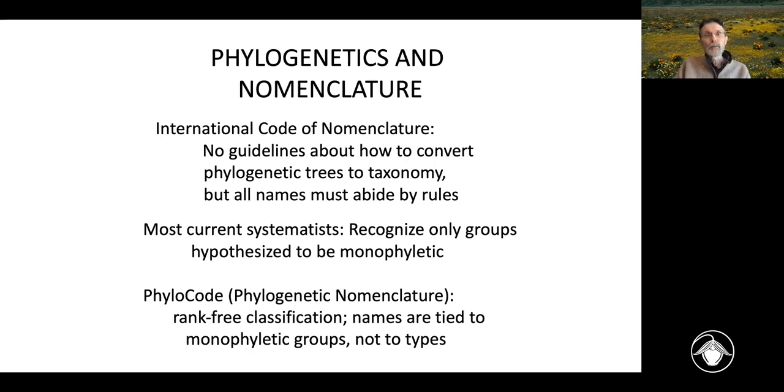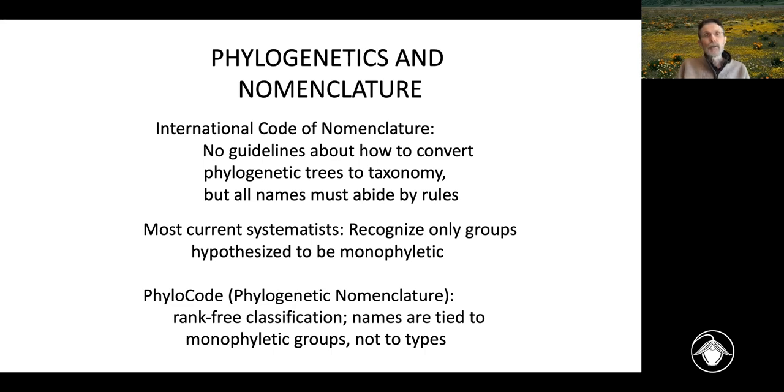So the International Code of Nomenclature is important to point out. It just basically has to do with the application of names, but it doesn't say anything about how to convert phylogenetic trees to a taxonomy. That is what the grouping criteria are that lead to the actual taxonomy.